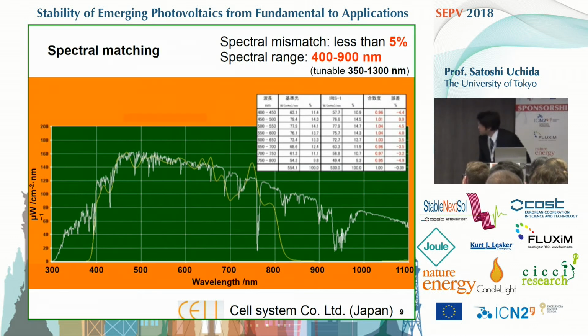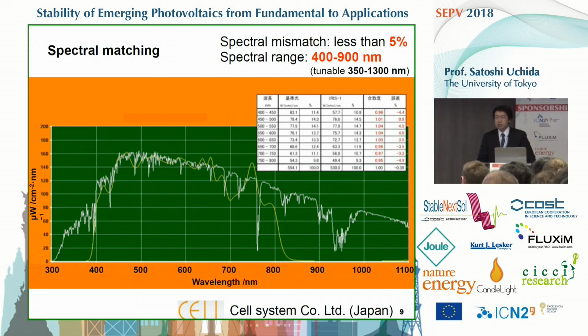This is hard to read, but the spectral matching is very nice, within 5% accuracy for our request. This is the data from 400 to 800, but finally we extended it up to 900 nanometers.